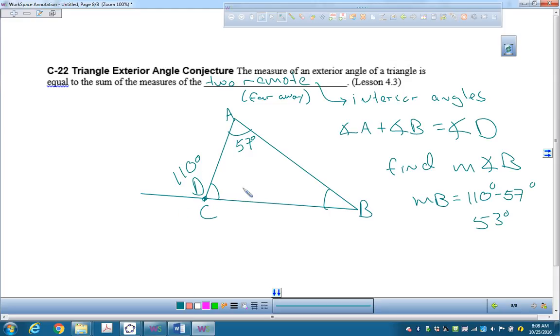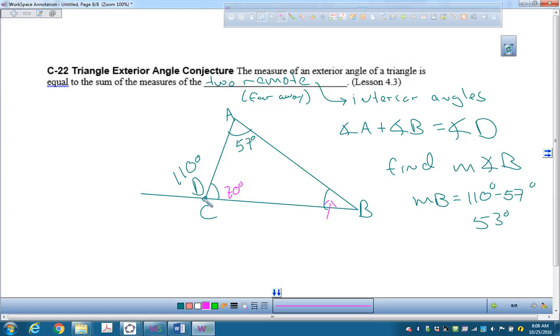Because before I would have to say, well, this is 110, so that has to be 70, these have to add up to 180, and then I could find that. It saves you a couple steps. So instead of that, I could just say, well, I know that this plus this has to equal that, so that's how it works.